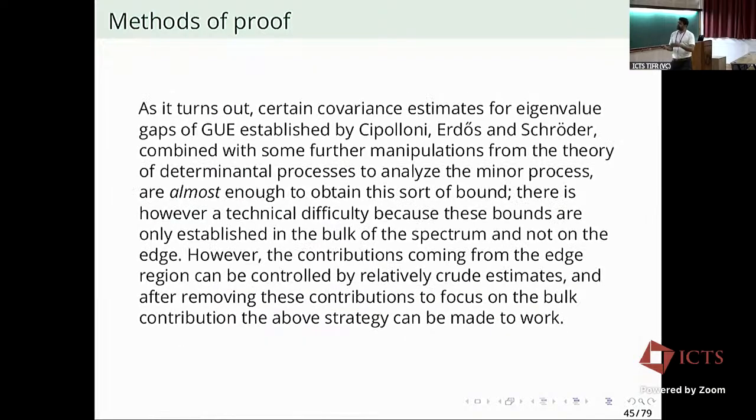There are some technical difficulties because these covariance results hold only in the interior of the triangle and not close to the boundary. So there are some other relatively crude estimates that allow this to work, but they are based on some correlation decay bounds of Cipolloni, Erdős, and Schröder for the GUE matrices of a single layer, a single line in the Gelfand-Tsetlin pattern.